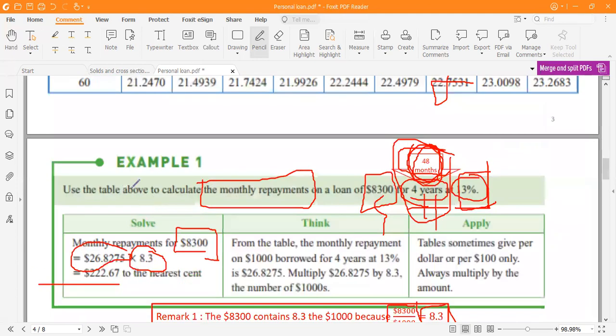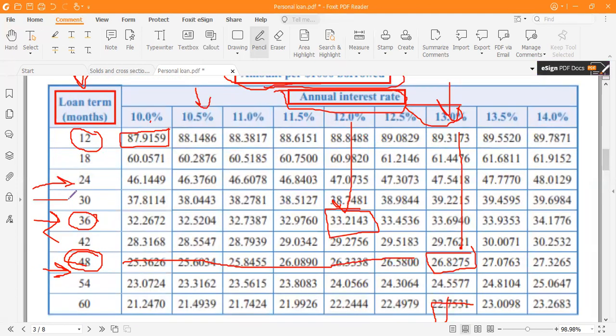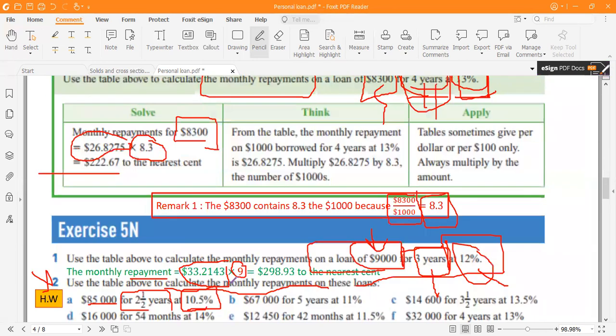The monthly repayment per $1,000 borrowed is 38.04 dollars.